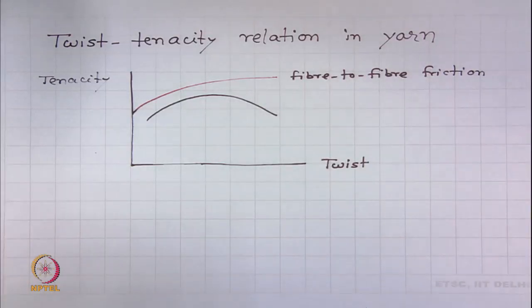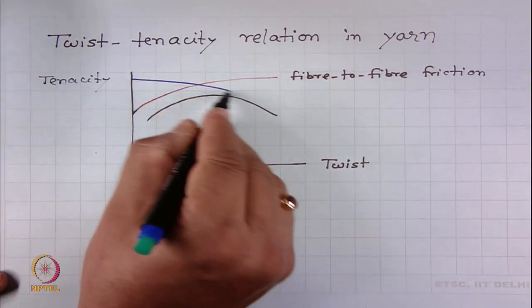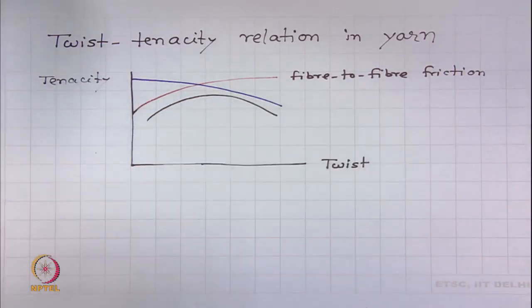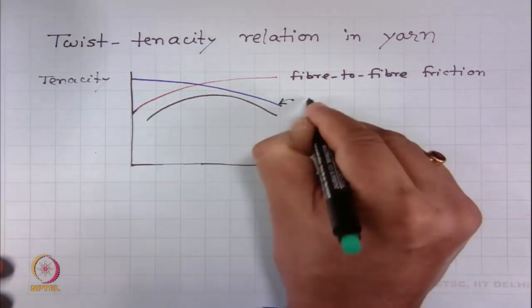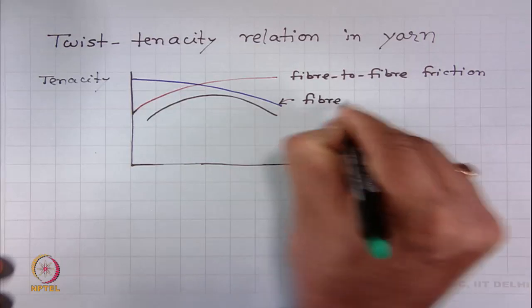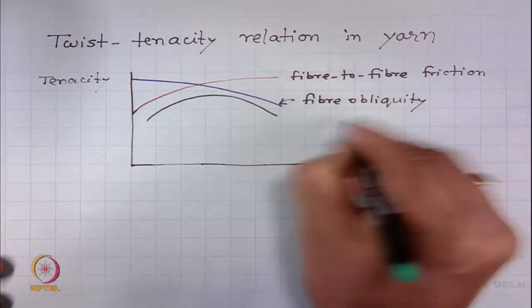The other influence we have just now learned is the effect of fiber obliquity.